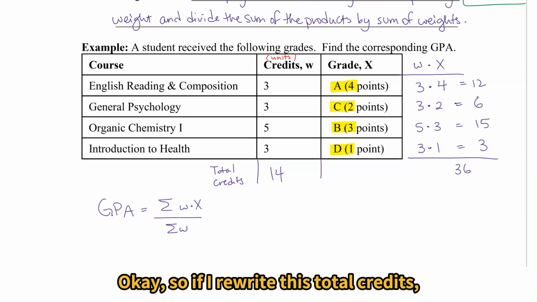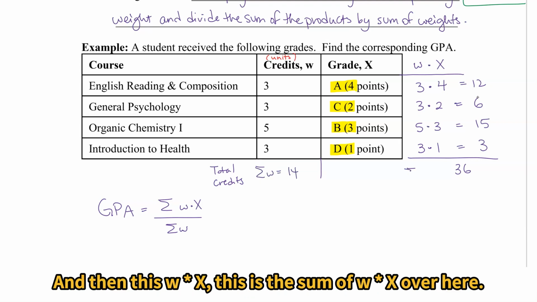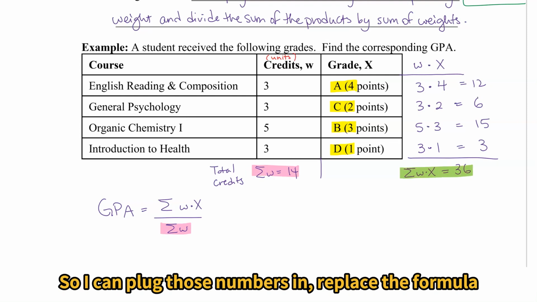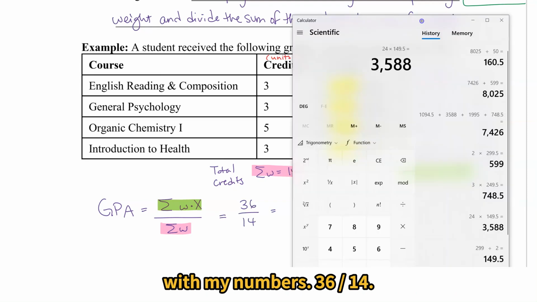So if I rewrite this, total credits, this is going to be sum of W, and this W times X is the sum of W times X over here. It's corresponding to what we have in the formula, so I can plug those numbers in, replace the formula with my numbers. 36 divided by 14.